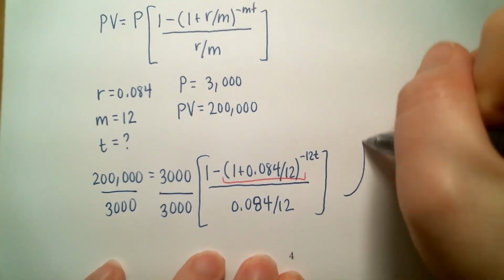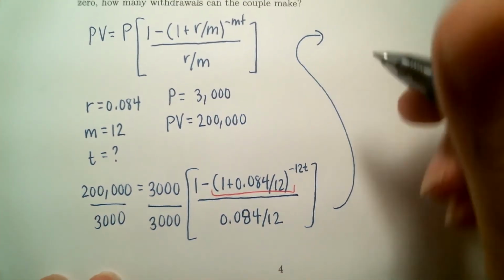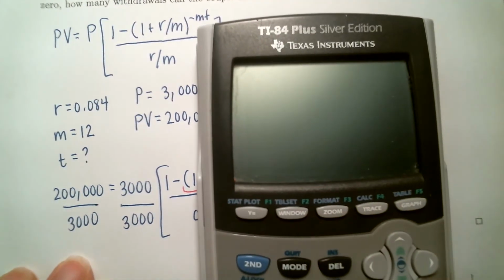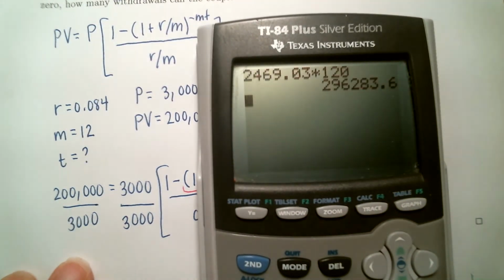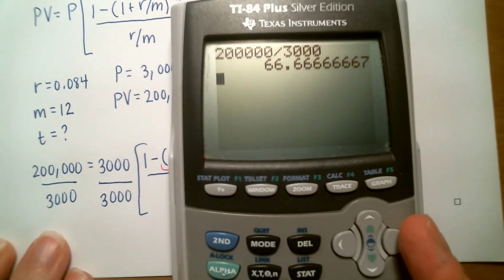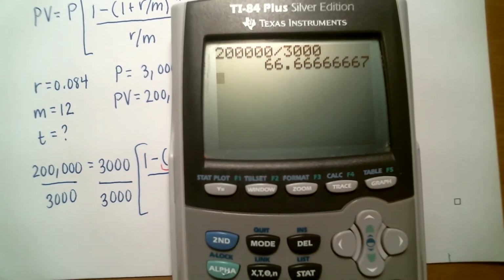Let's get our calculator: 200,000 divided by 3,000. That's going to give us a really nasty decimal. The sixes are going to repeat.